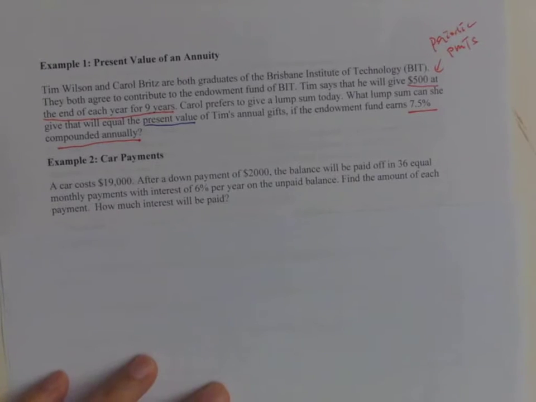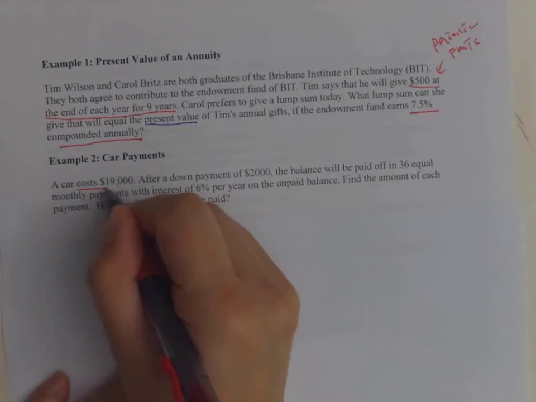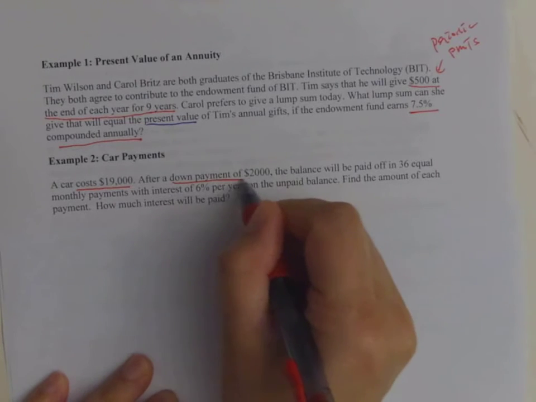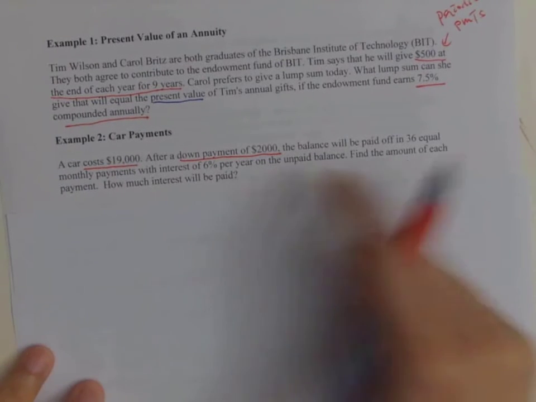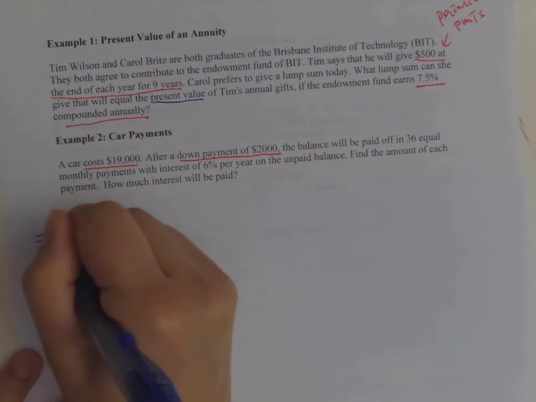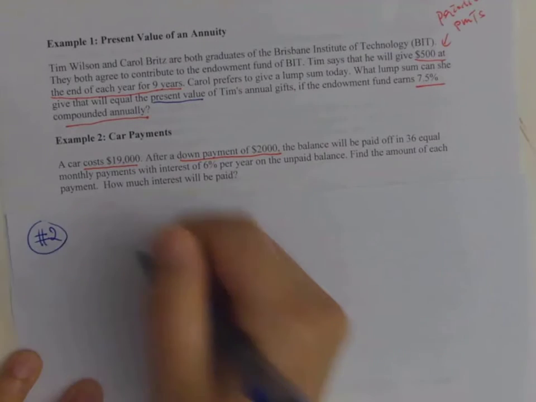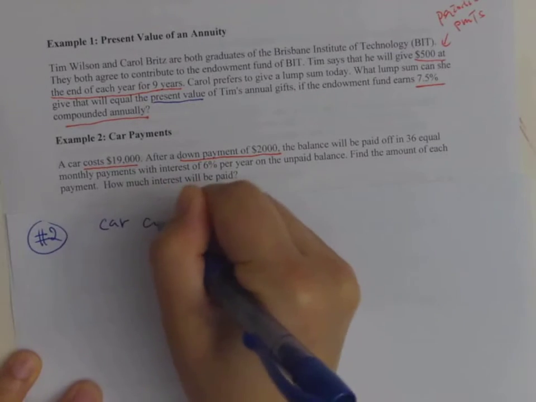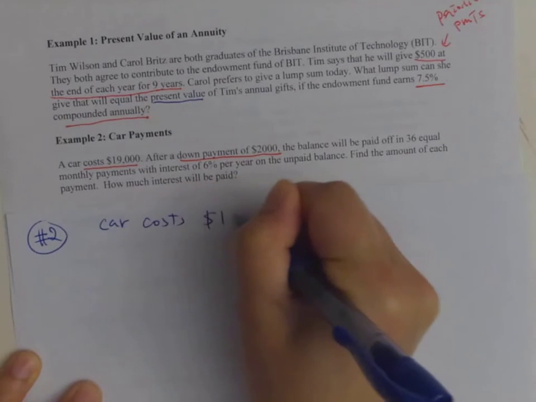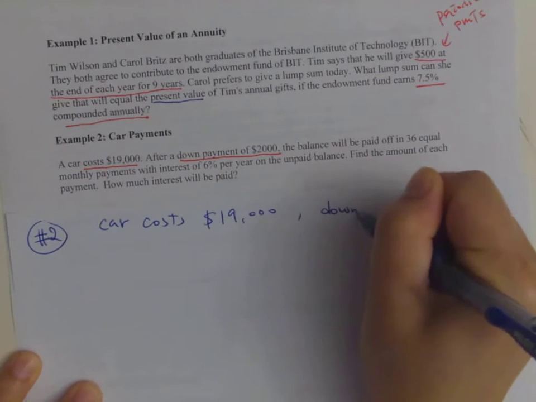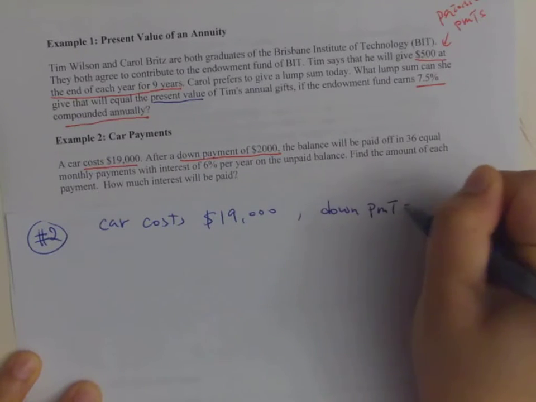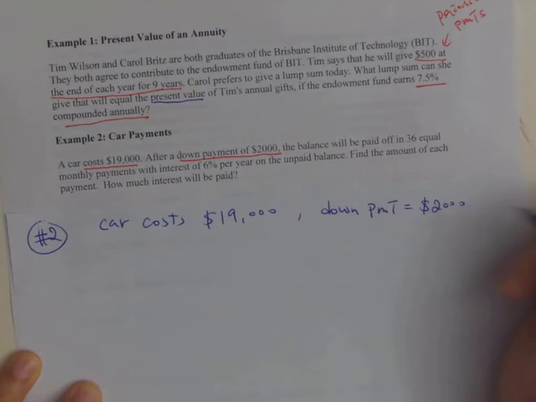So the car costs that much, but they put down a down payment, so my loan amount is not going to be 19,000. What is my loan amount? Let's write that down. Number two, the car costs $19,000 and your down payment is $2,000.